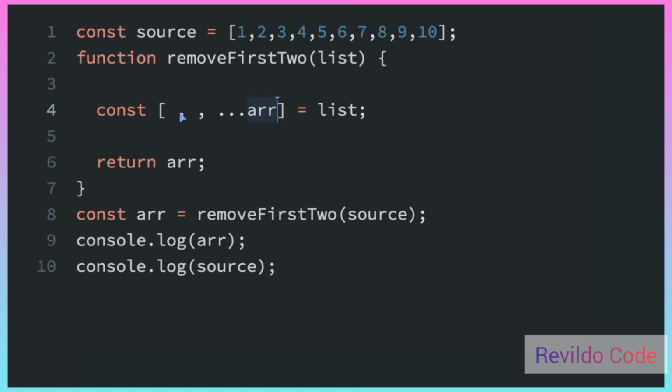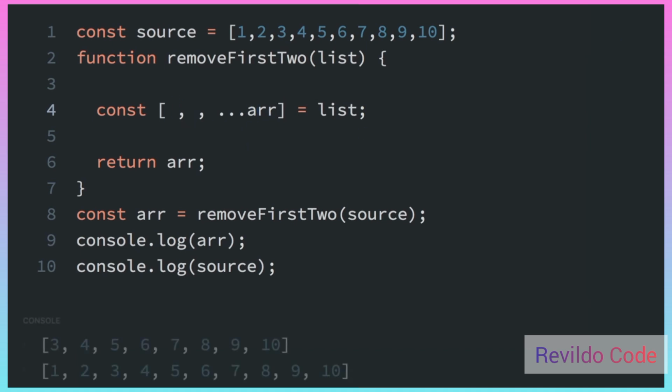We could have assigned the first two numbers in the array to two other variables. So I could do A, B, and then A would be 1, B would be 2, and then R would be an array of 3, 4, 5, 6, 7, 8, 9, 10. But right now, we just need to return the array with the first two elements missing.